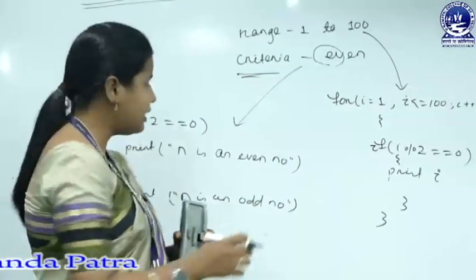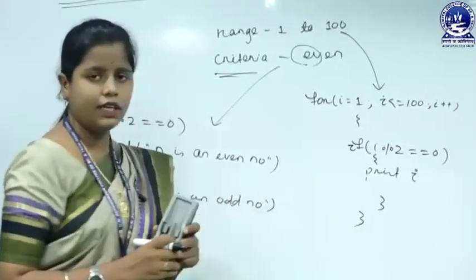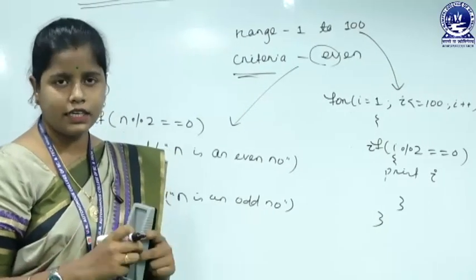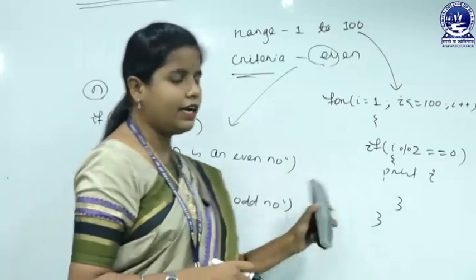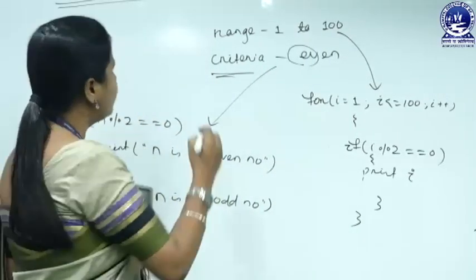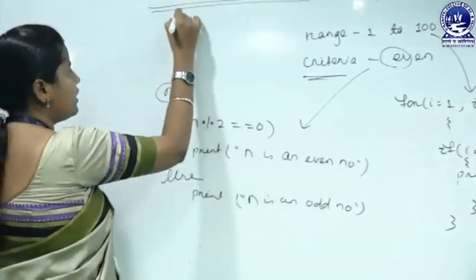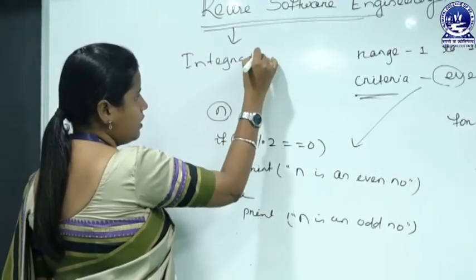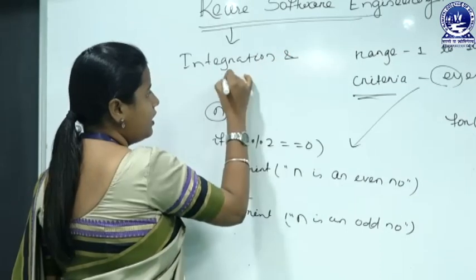By combining the first code with the second code with some modification, we can call it integration, and what we get is our configuration. So, we can call reuse in software engineering integration and configuration.